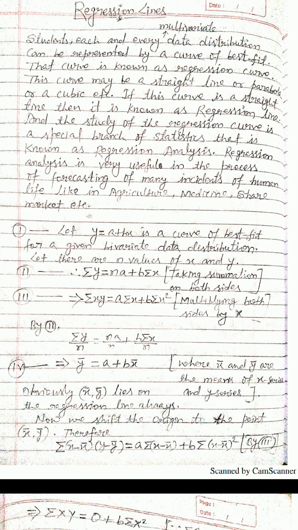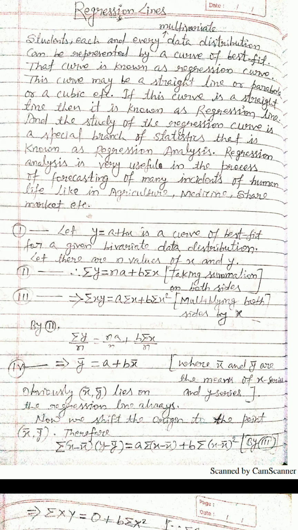If the regression curve is a parabola, then we get the quadratic equation. If the regression curve is cubic, then we get the cubic, and so on. Here we assume the first case, that's the regression line, that means the straight line.